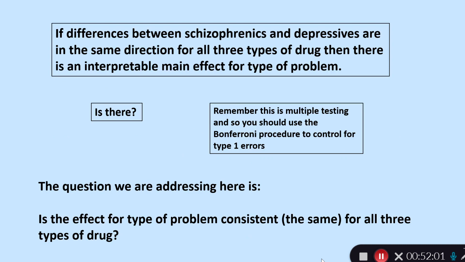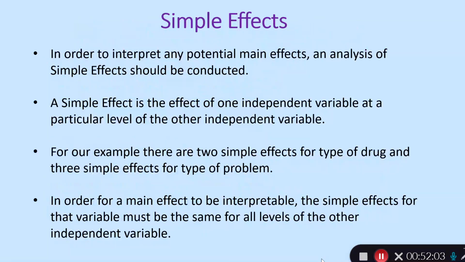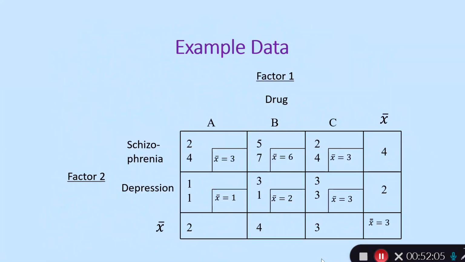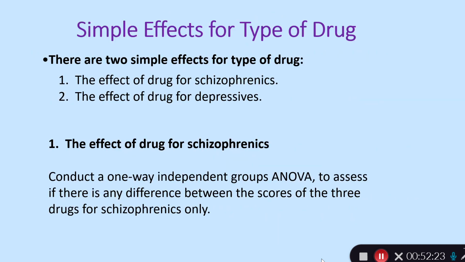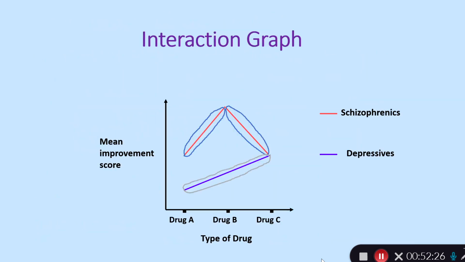But all we've done in these last few slides is look at this example data. We've seen that if we look at the plot, we can see straight away there's going to be some sort of interaction. We're not entirely sure what's going on, so we've conducted simple effects tests, effectively 5 comparisons. We've conducted a one-way ANOVA holding type of problem constant and comparing which of the 3 drugs are better for schizophrenics.